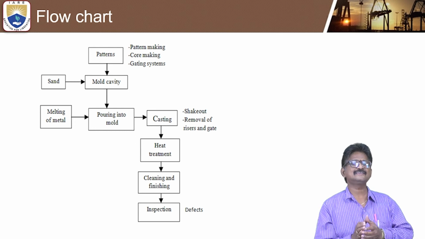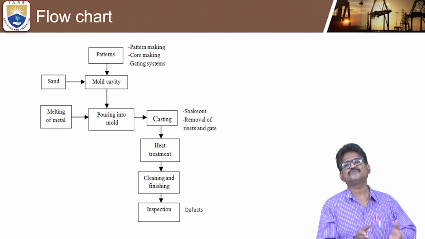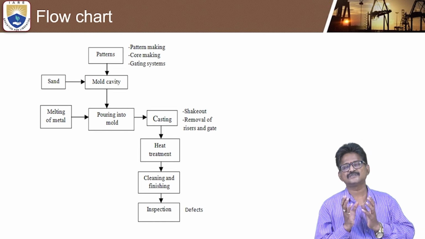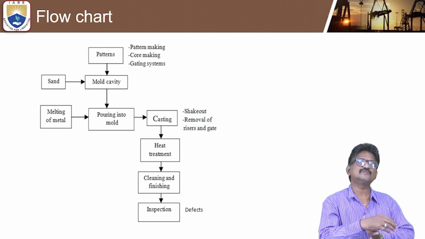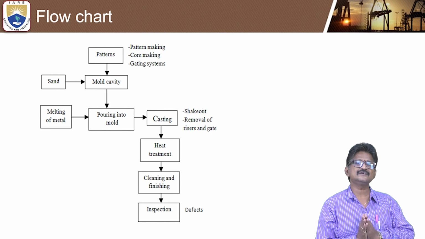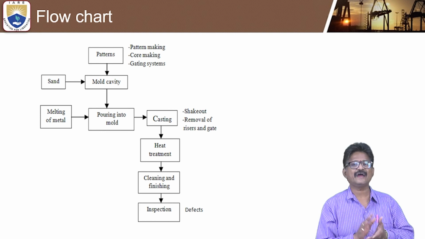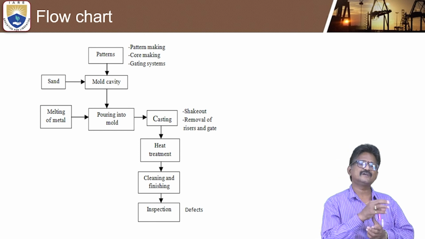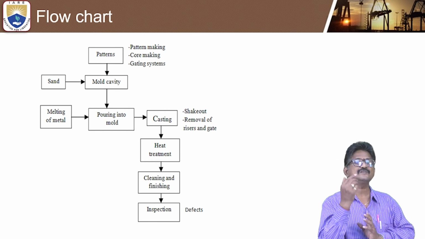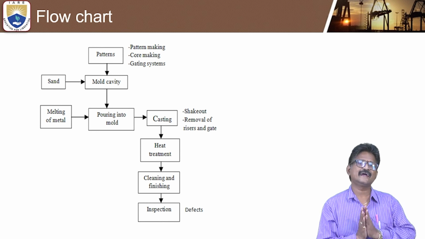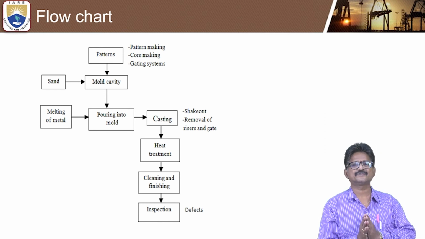Another part is preparing the molten metal, how much quantity is required, and pouring the molten metal into the series of molds. These are the basic steps involved in patterns, mold cavity preparation, and pouring molten metal into the series of mold cavities. So this is the general idea regarding the metal casting process.